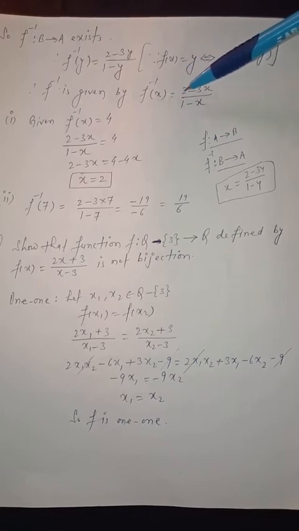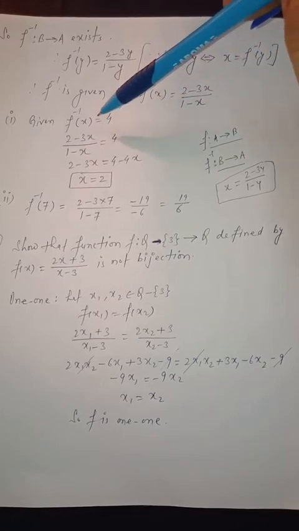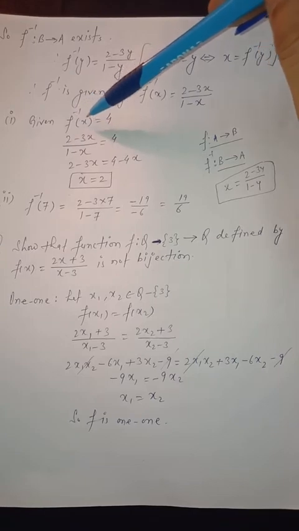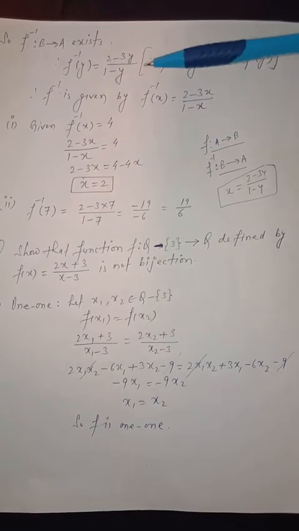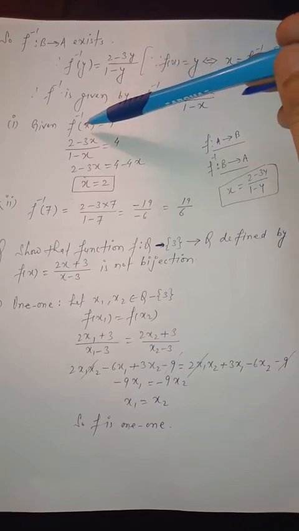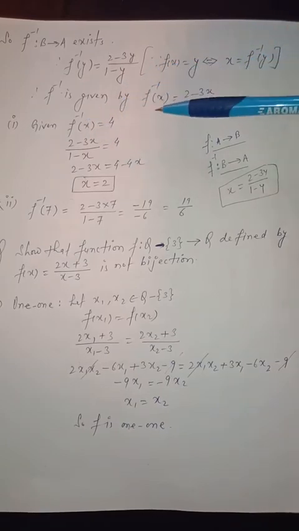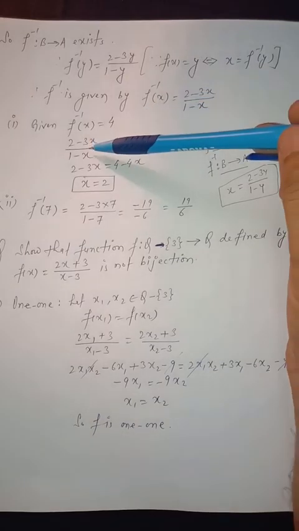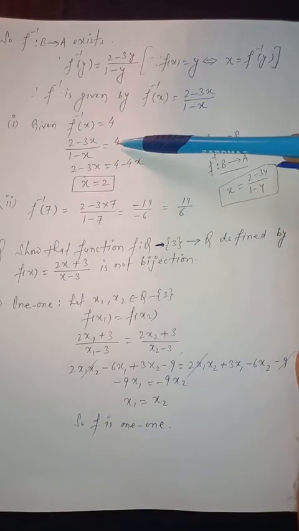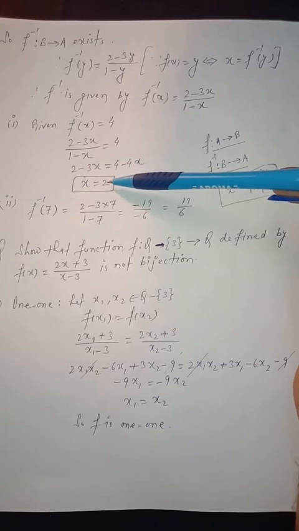And the second point is to find x such that f inverse(x) is 4. This is the second part of this question. We have to find x such that f inverse(x) is 4. Now f inverse(x) is already calculated, so put the value of f inverse(x) equal to 4. Finally you will get x is equal to 2.